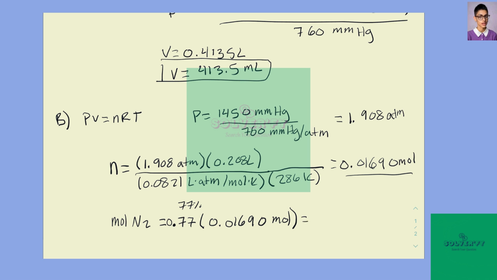Alright, because this is the total number of moles, we only want 77% of this, because that'll be the percent of nitrogen. When this is calculated out, it's going to equal 0.0130 moles of nitrogen, and this is the amount of nitrogen in the air bubbles released.